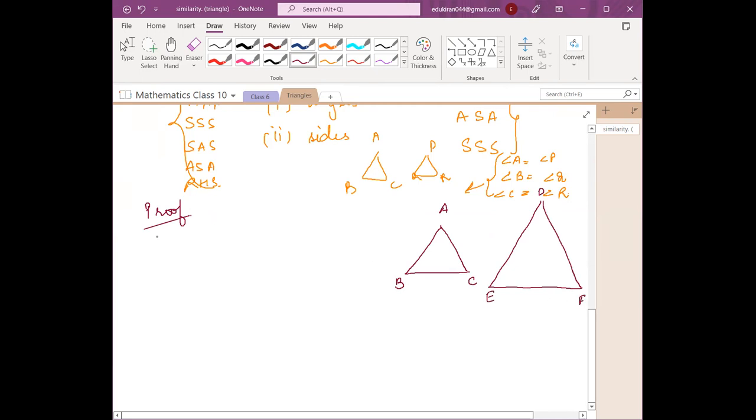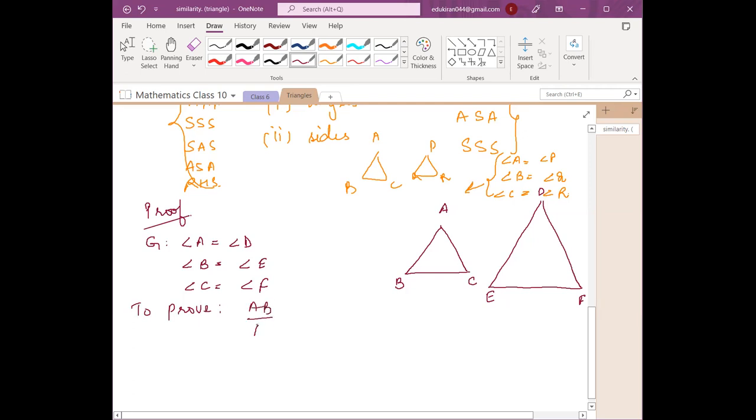Now what is given here? The given thing is that all the angles are equal. So angle A is equal to angle D, angle B is equal to angle E, and angle C is equal to angle F. That is given. And what you have to prove is that the sides are in proportion.